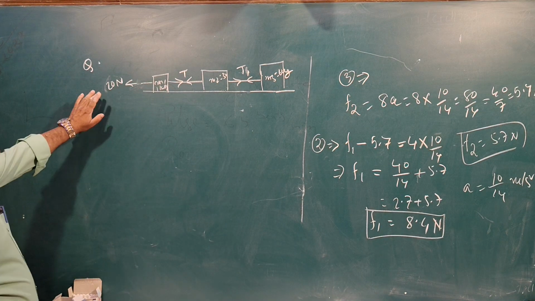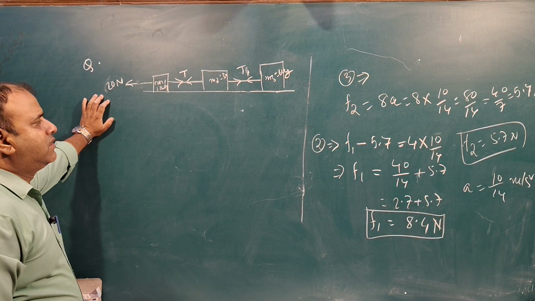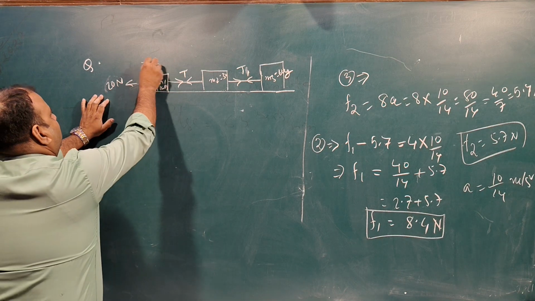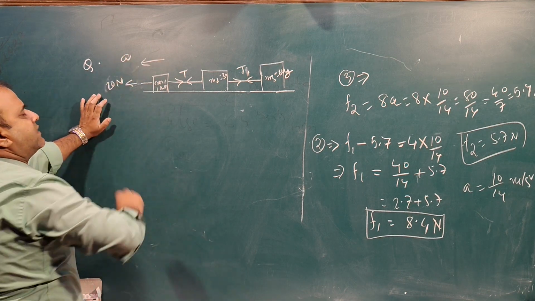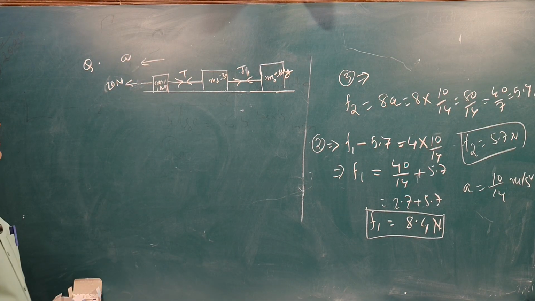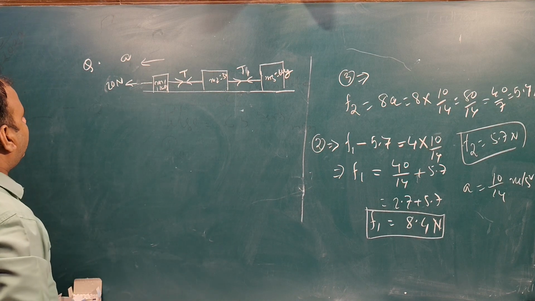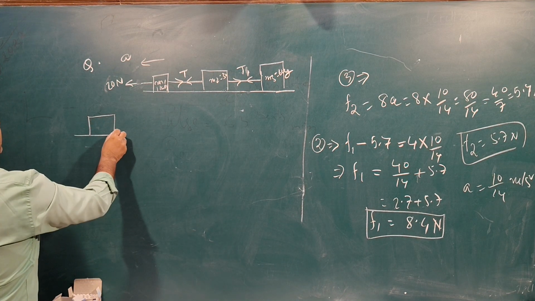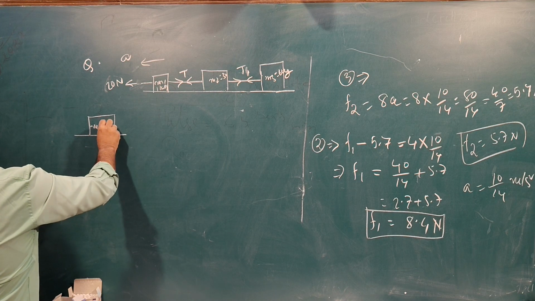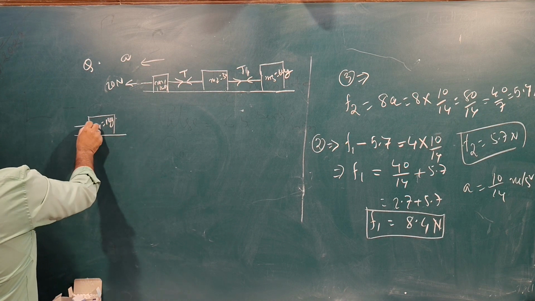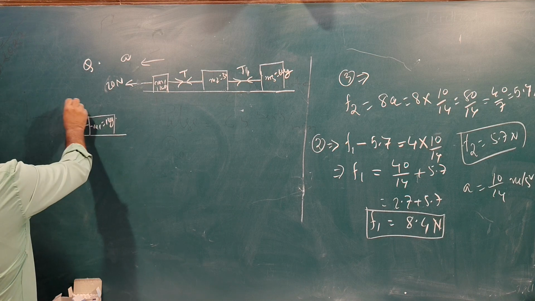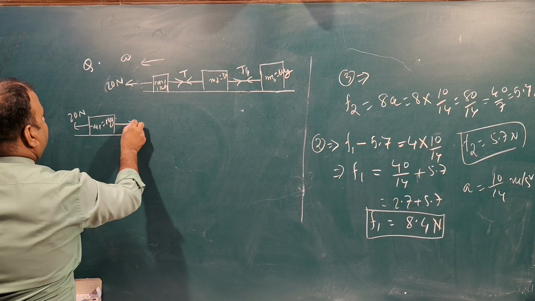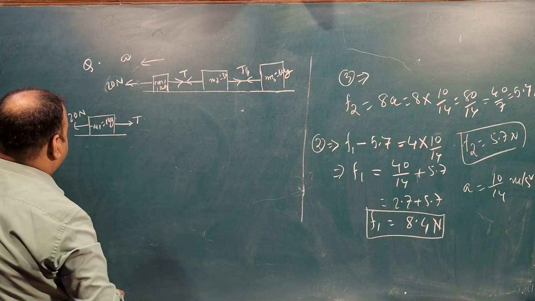If the force is acting in the backward direction, the direction of acceleration will also be like this. Therefore, you have to make the free body diagram. In the first diagram you can see M1 is equal to 1 kg. So the force 20 Newton is on the left side, and the tension will be on the right side.